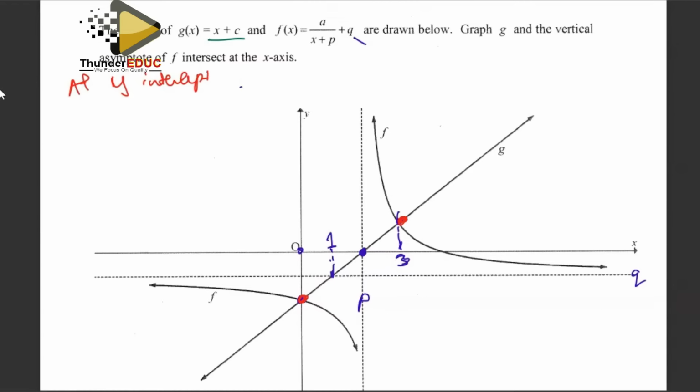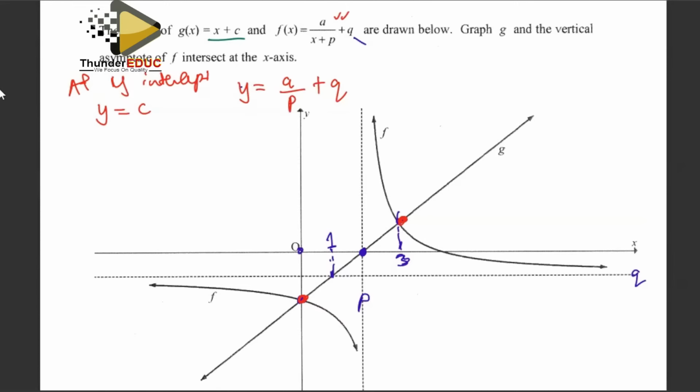Meaning that x is 0, meaning that y is the same as c. Then if I look at f, still at the y-axis, where x is 0, I know that y is going to be a over 0 plus p, which is a over p, plus q. That is one other thing that I need to look at.